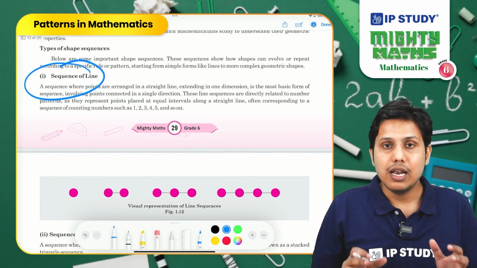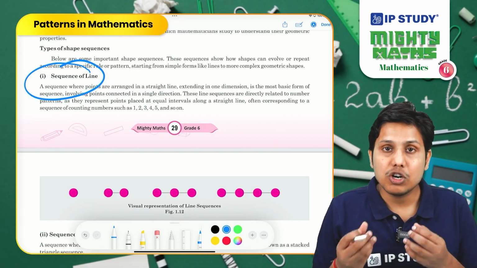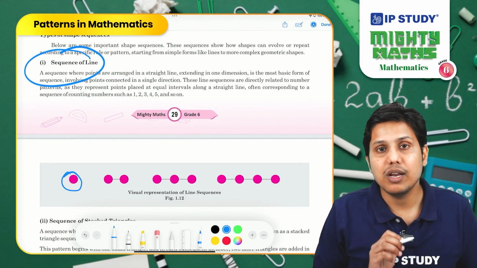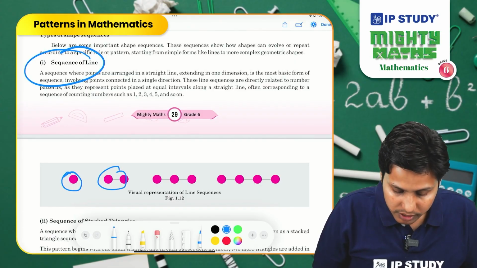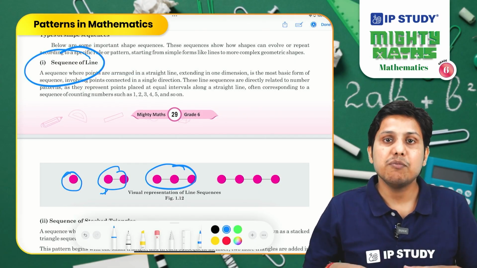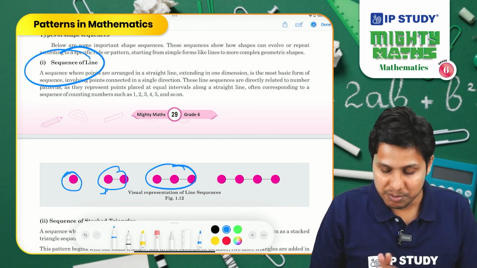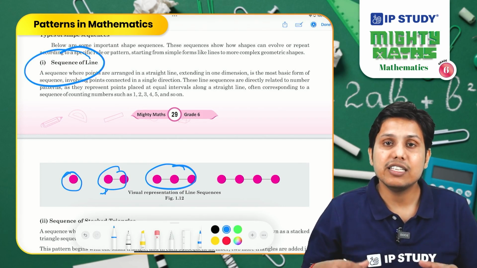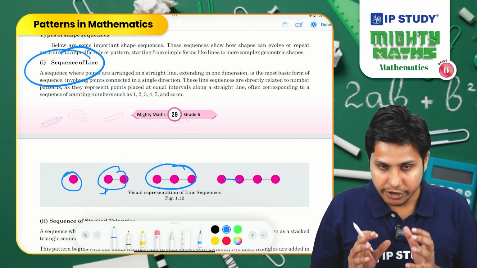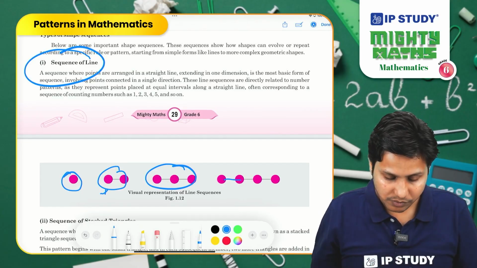Here lines are made using points, and the number of points or dots used are like this: 1 dot, there is no line, then we have 2 dots, then we have 1 line, for 3 dots we have 2 lines. So the number of dots and the number of lines increases with each member, and the number of dots increases by 1 every time, and the number of lines connected to the dots or points also increases by 1.